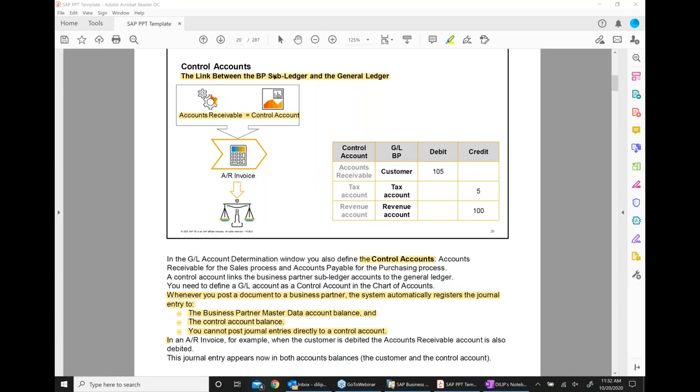So control account: the link between business partner sub-ledger and general ledger. I would like you guys to make a note of that term.